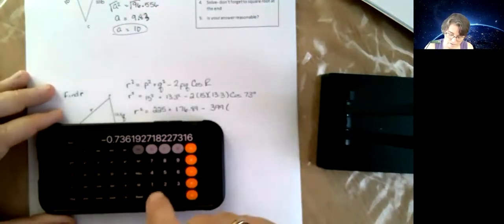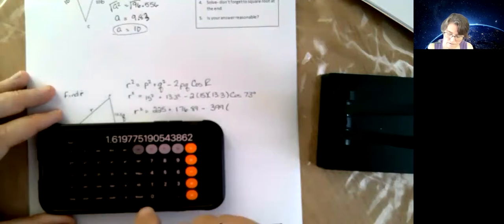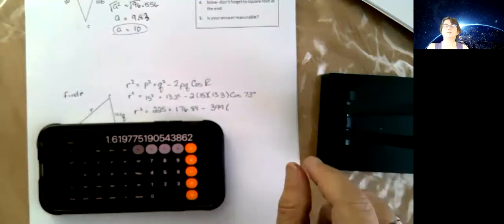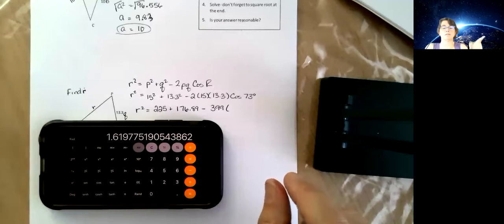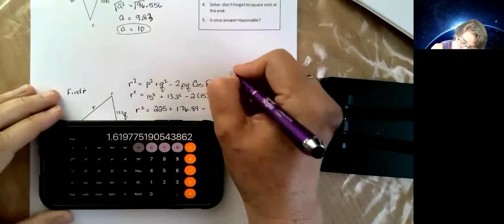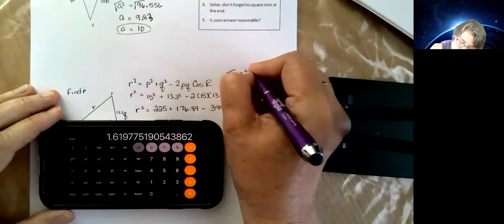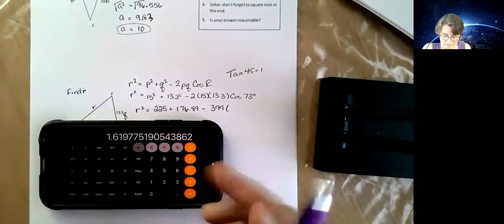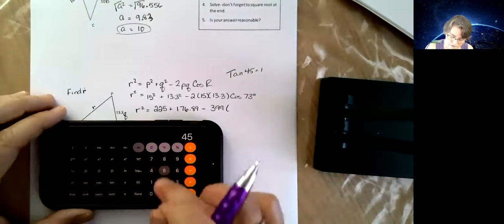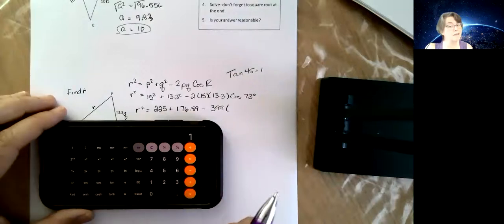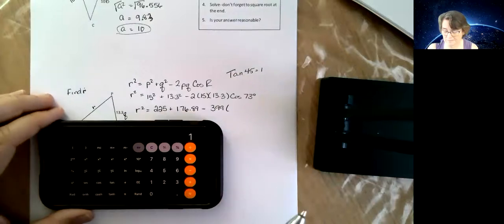Remember, it's weird. 45 tangent. See? Tangent of 45 is supposed to be 1. If it doesn't come out, then your calculator's not set right. Now let's try 45 tangent. Now we're good.